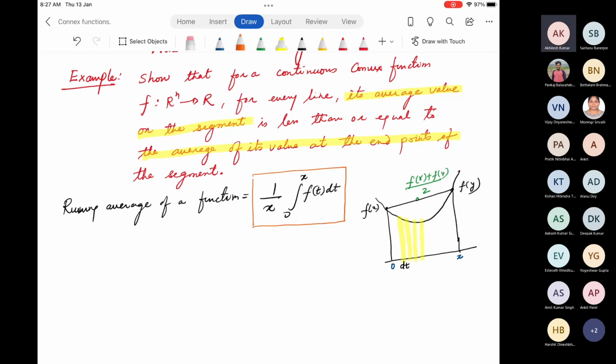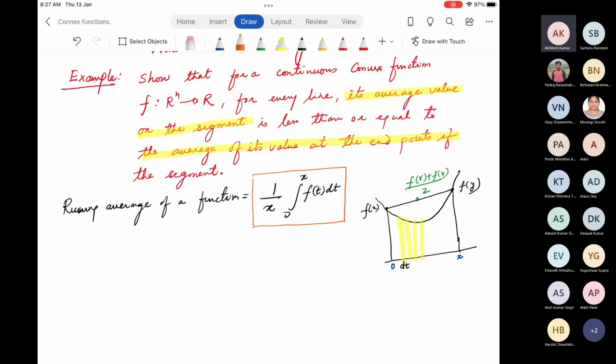Any other suggestions? We can take t as lambda x plus 1 minus lambda y, and then we can write this f(t) as less than or equal to lambda f(x) plus 1 minus lambda f(y), and then we can proceed.